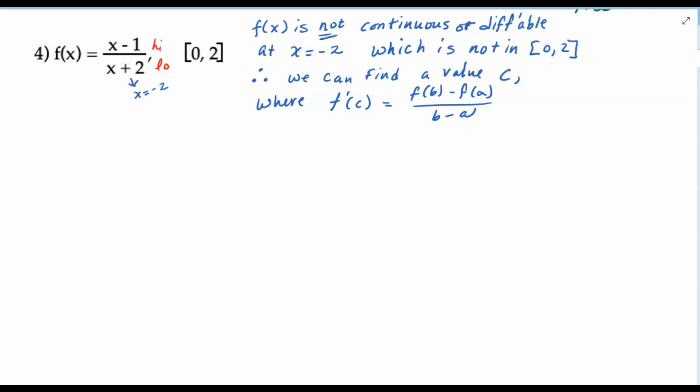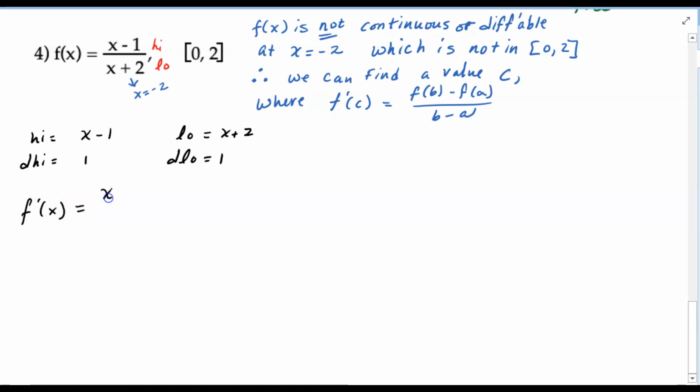All right, so we have to use the quotient rule. Here's high, if you know the quotient rule, and here's low. And the derivatives there are actually really nice. It's just 1 in both cases. So we say low d high, which is x plus 2 times 1, minus high d low, which is minus x minus 1, over low, which is x plus 2 squared.